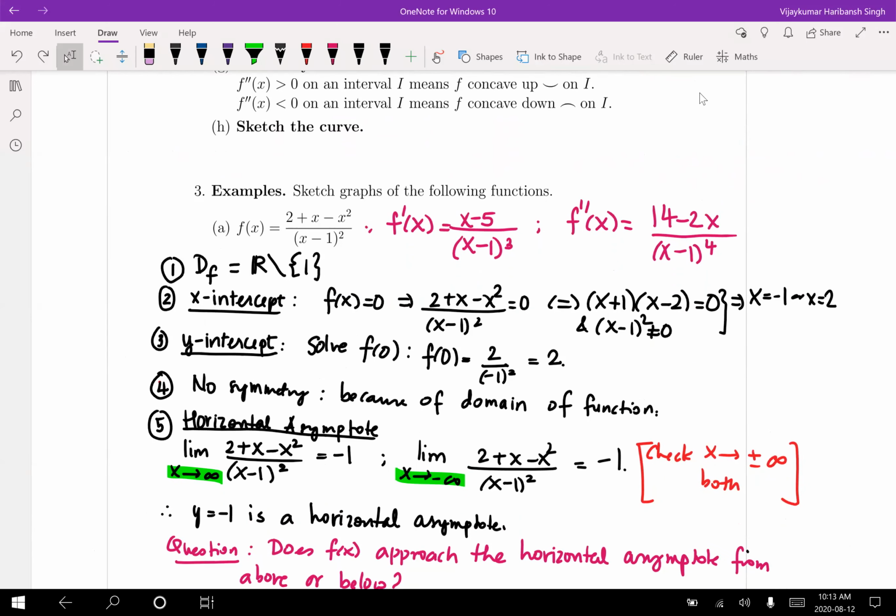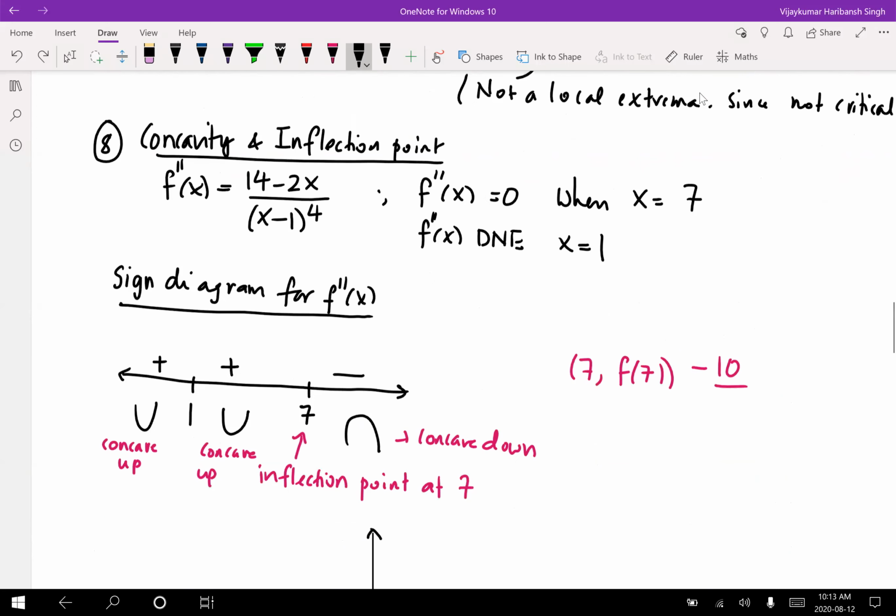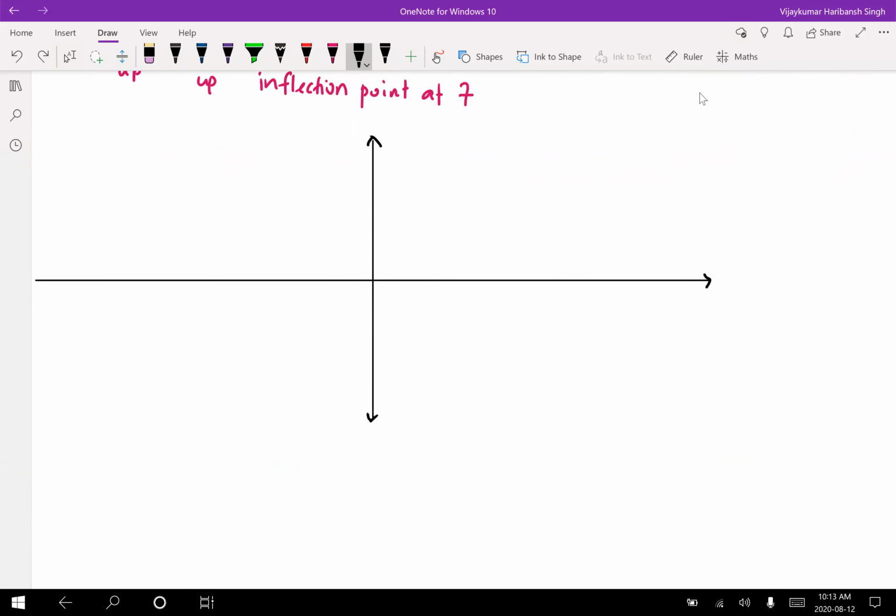The x-intercepts are minus 1 or 2. So these are the x-intercepts. Let's mark them. Minus 1 or 2.